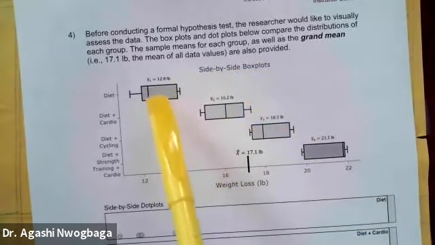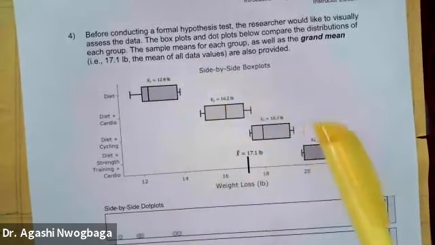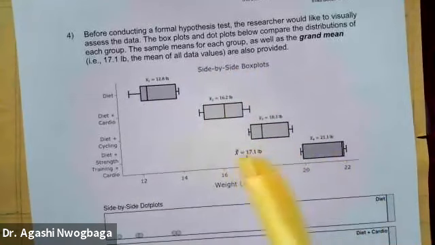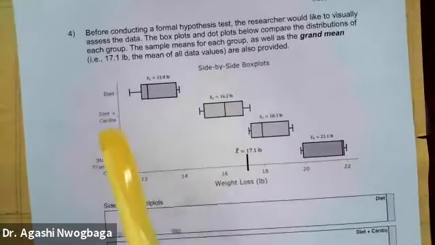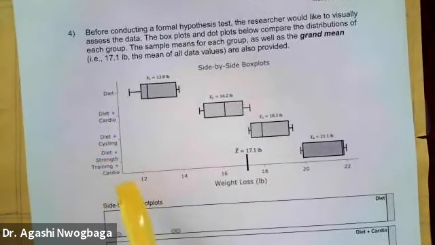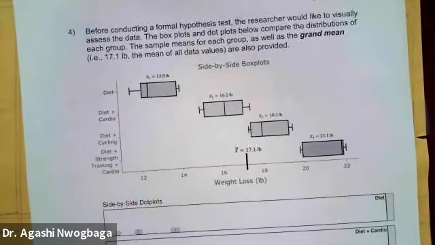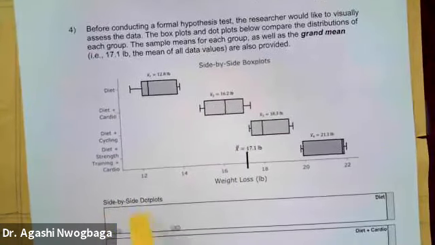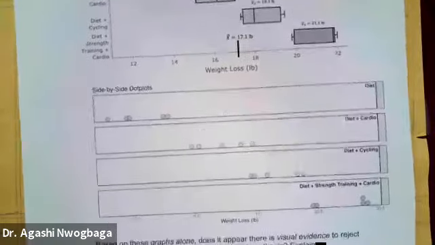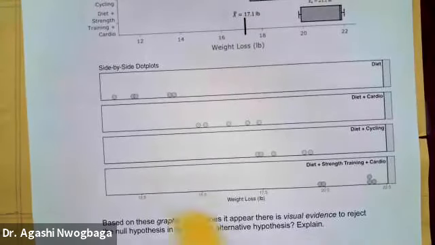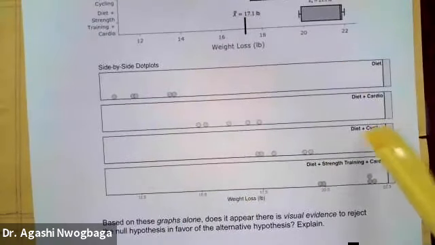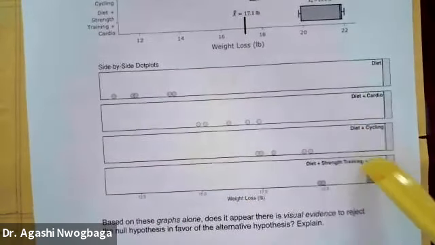So we have a box plot, with means x bar 1, x bar 2, x bar 3, x bar 4, and the grand mean, for the diet, diet plus cardio, diet plus cycling, diet plus strength training plus cardio. And then we have the side-by-side dot plots. So we can look at the diet, diet plus cardio, diet plus cycling, and then the last group.